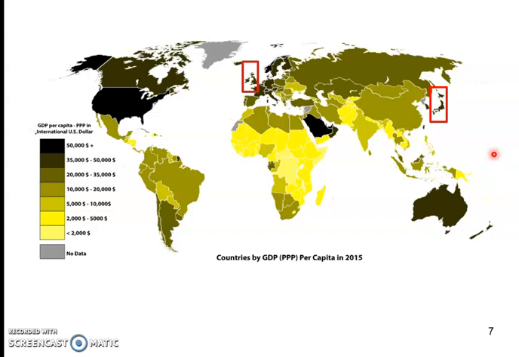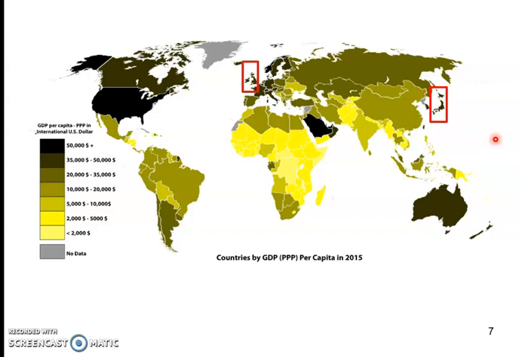And many poor economies, like the People's Republic of Congo, like Haiti, like North Korea, are isolated from the global market or global trade.